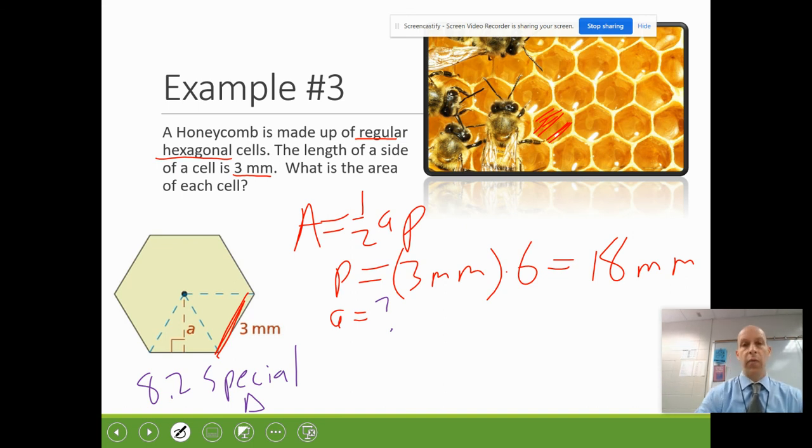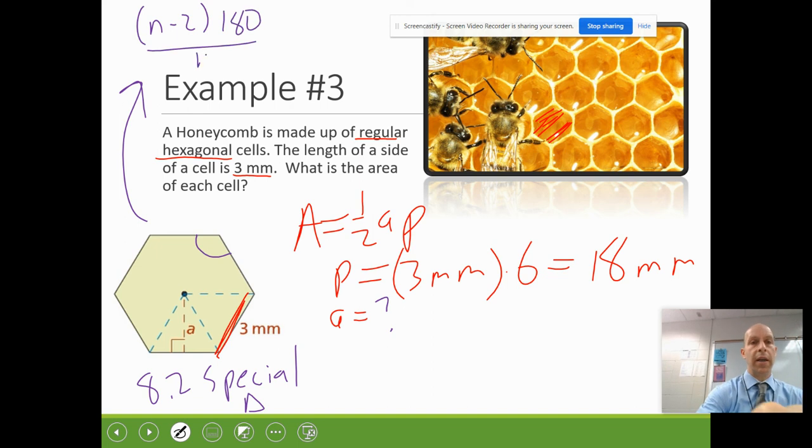Now, since this is a regular hexagon, let's go ahead and see if we can figure out what the measure of that angle is. And I'm going to do that up here. Remember, it's n minus 2 times 180 divided by n. This formula only works when it's regular. So in this case, n is 6. So I'm going to take my calculator.